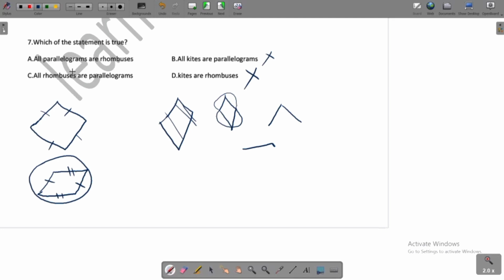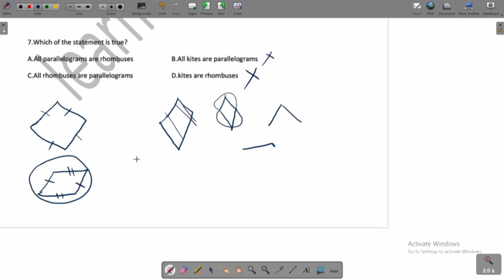And let's go back to this one. All rhombuses are parallelograms, and all parallelograms are rhombuses. We said that in a rhombus, all four sides must be equal, and in parallelograms, you have two sides equal alone. So it means that all parallelograms are rhombuses. Is that correct?